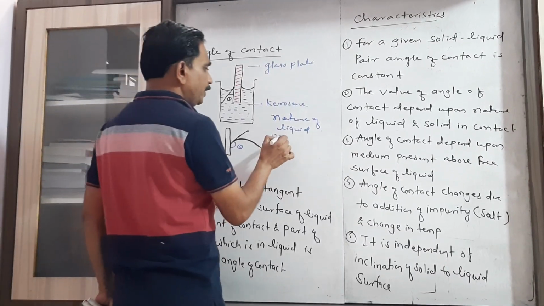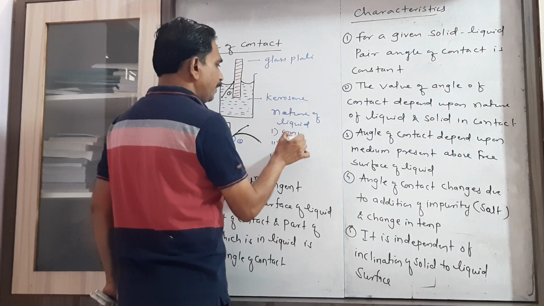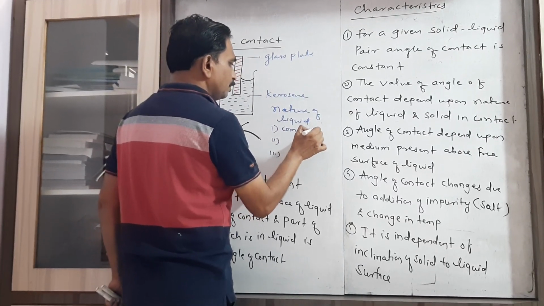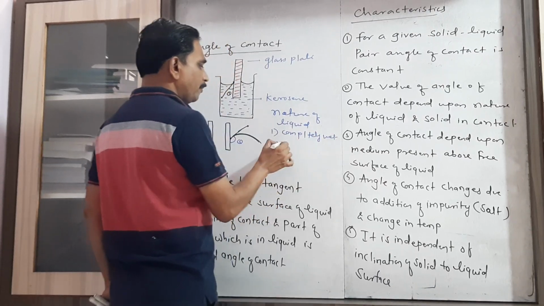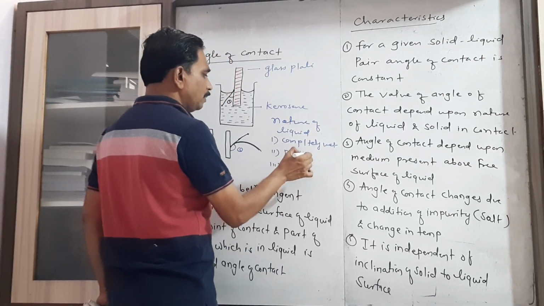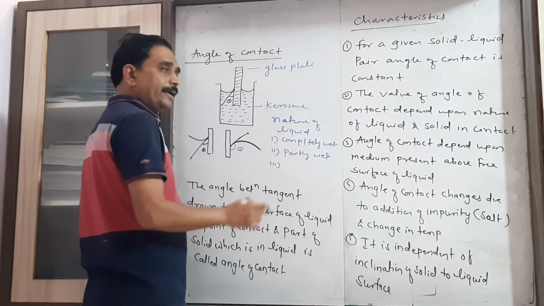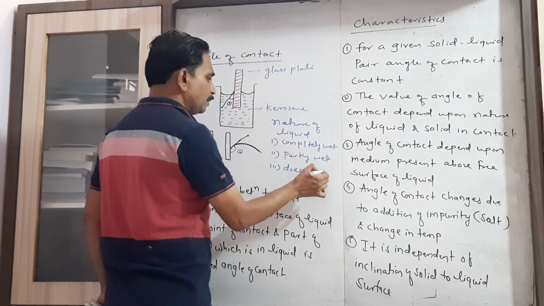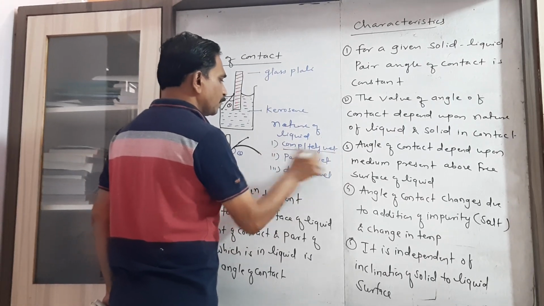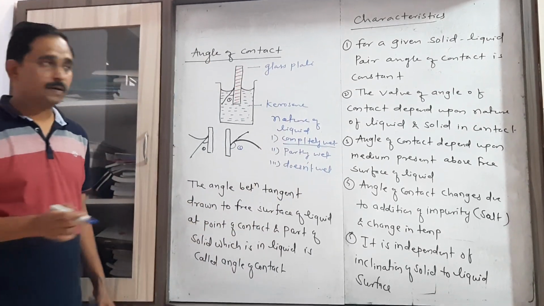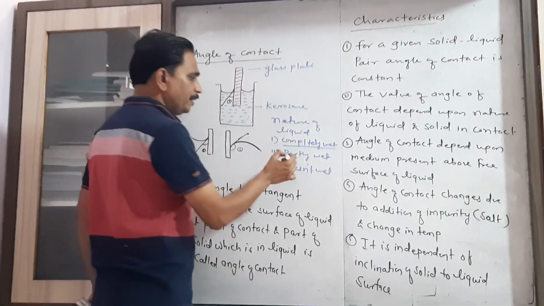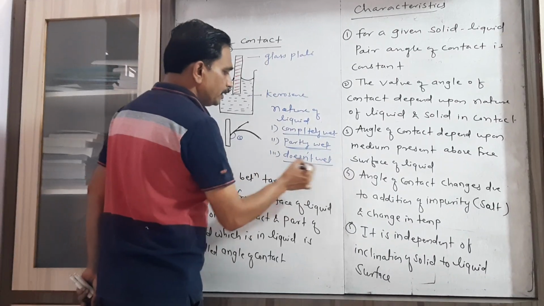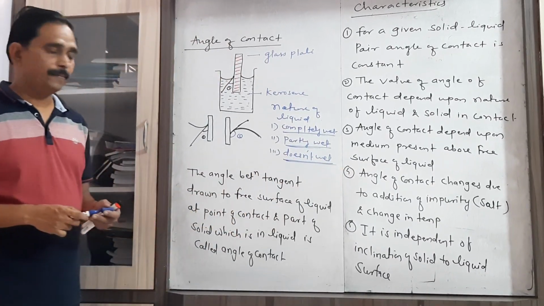That is the liquid which completely wets the solid, the liquid which partly wets the solid, and the liquid which doesn't wet the solid. That is, pure water completely wets the solid, kerosene partly wets the solid, and mercury doesn't wet the solid.